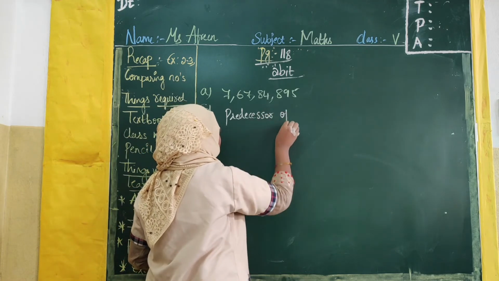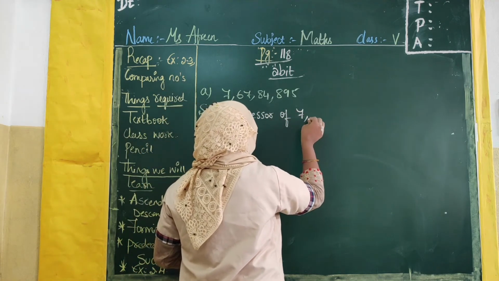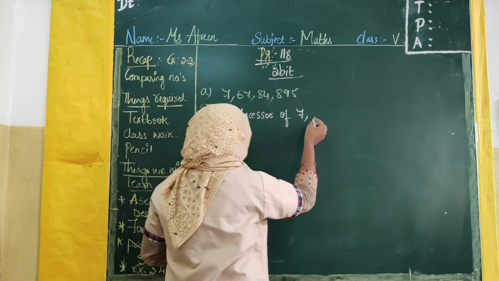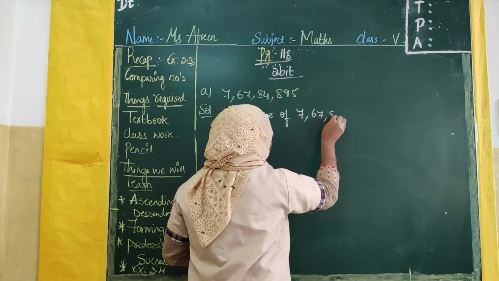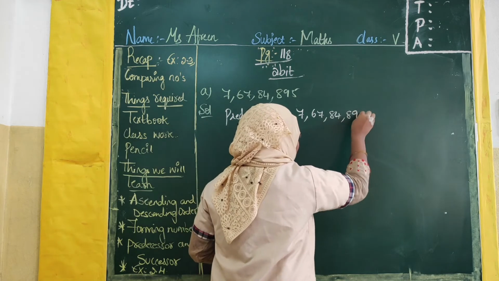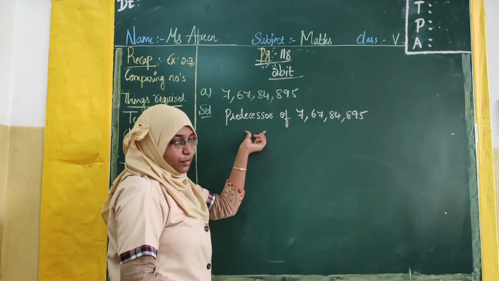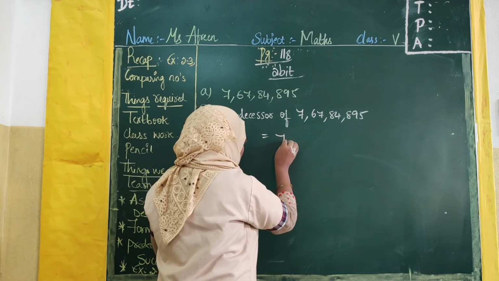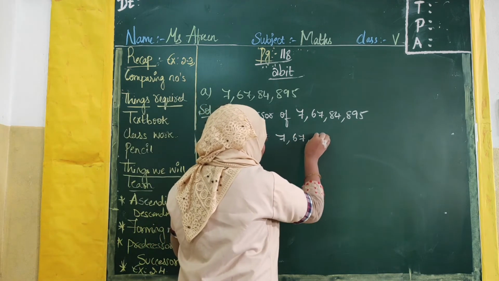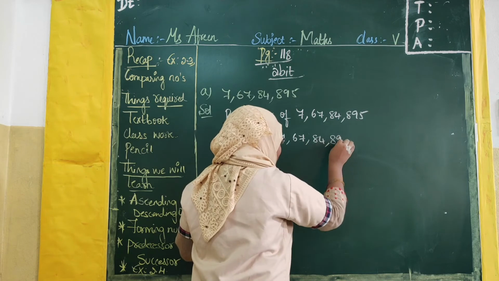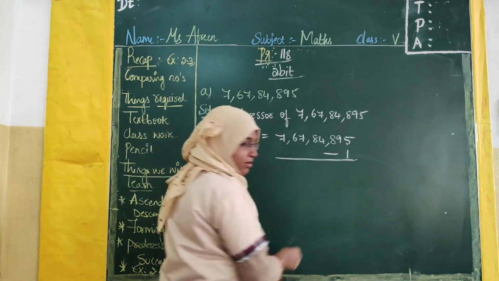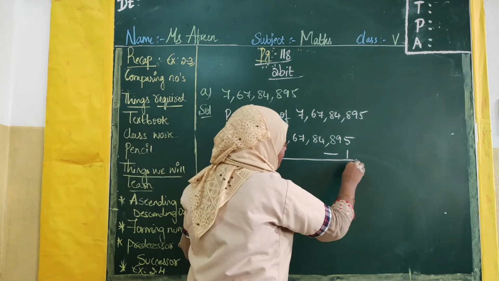Predecessor of 7 crores, 67 lakh, 84,895. Ones, tens, hundreds, thousands, ten thousands, lakh, ten lakh, crores. This is crores. What will we do? Predecessor means we will subtract 1 from the given number. So 5 minus 1 is 4.